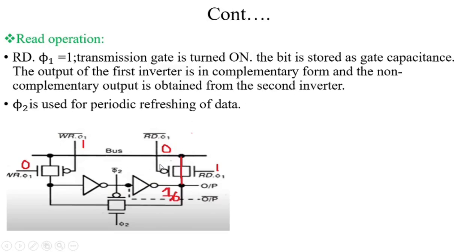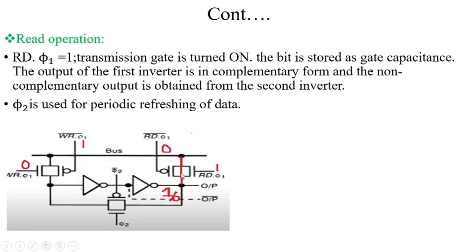It means that in this circuit, in the earlier stage, this memory cell stored the binary information 1. Here we consider WR into phi 1 equal to 0 and WR bar into phi 1 equal to 1, so this transmission gate is acting as an open switch. And we consider RD into phi 1 equal to 1 and RD bar into phi 1 equal to 0, so this transmission gate is acting as a closed switch.